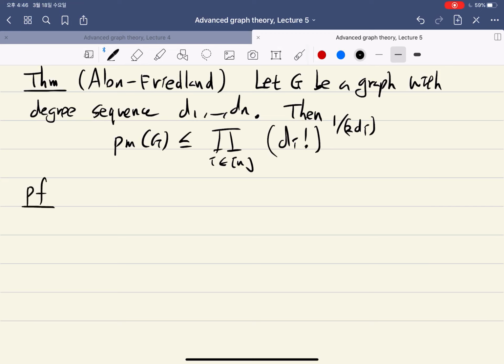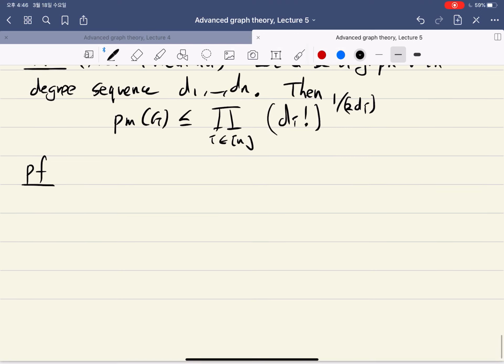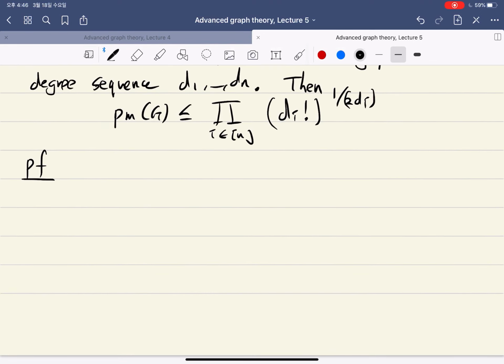So the proof is not so difficult using the Bregman theorem. We have a 2 here, so in order to get rid of this 2, you can simply take the square. When we take the square on the right-hand side, the left-hand side is also squared.